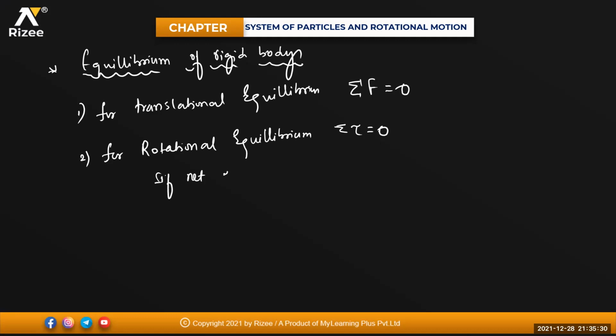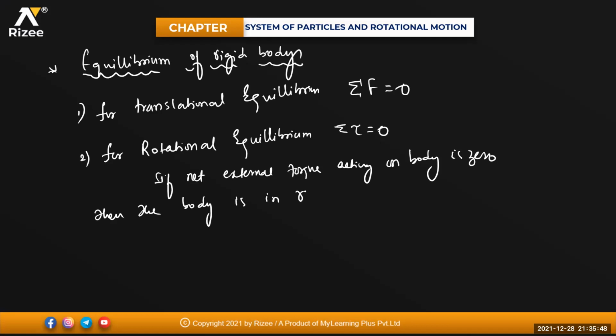If the net external torque acting on the body is zero, then the body is in rotational equilibrium. So for translational equilibrium, the net force must be equal to zero, and for rotational equilibrium, the net torque acting on the system must be equal to zero. Is it clear?